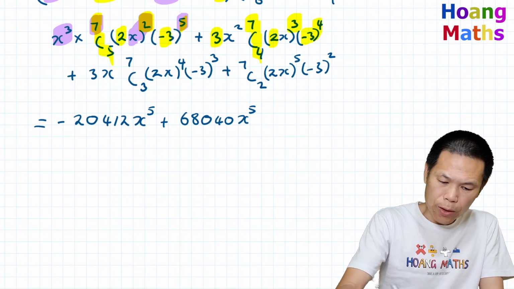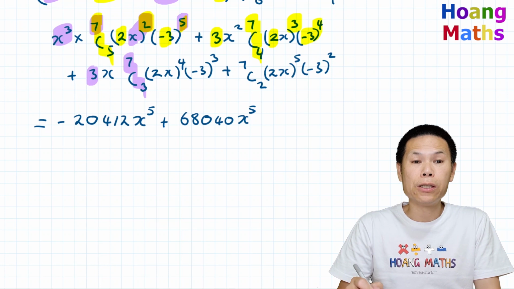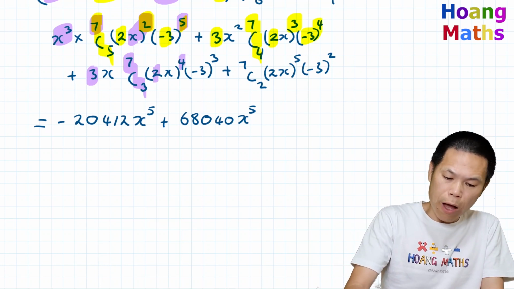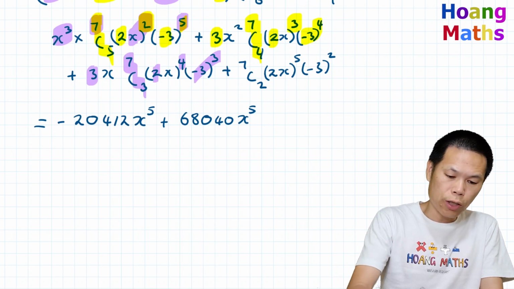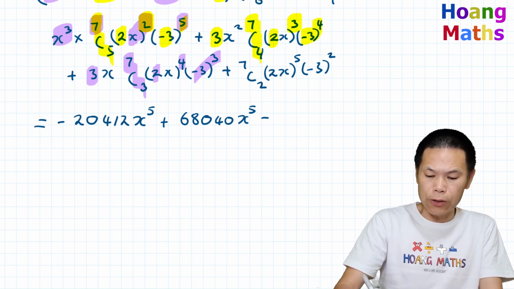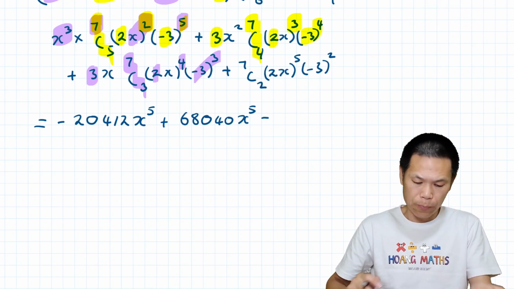So the next term is 3 times 7c3, we times 2 to the power 4, and then negative 3 power 3. So it should give me a negative number. Let me just write this down first. Otherwise, we can just put everything on a calculator and we get the answer anyway.